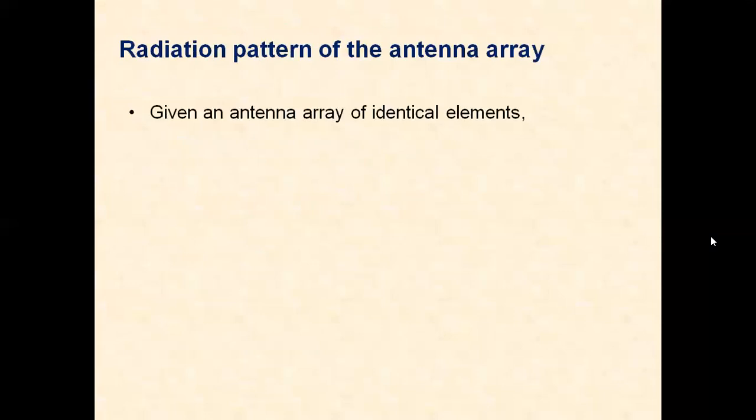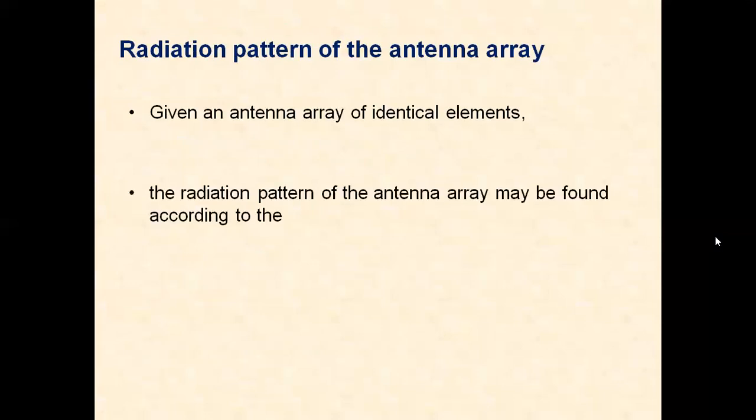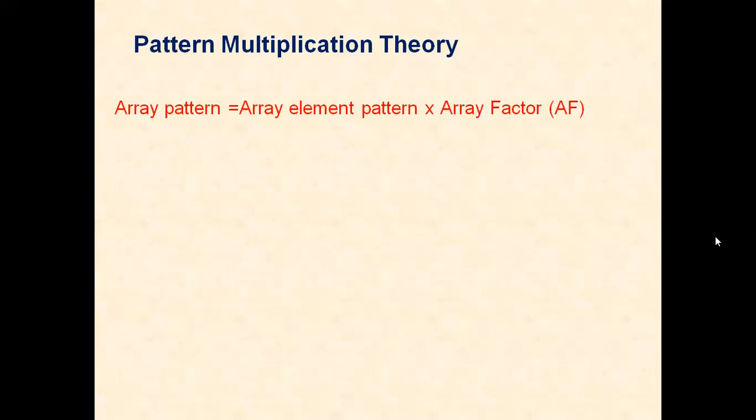Given an antenna array of identical elements, the radiation pattern of the antenna array may be found according to the pattern multiplication theorem. So what is the pattern multiplication theorem? The array pattern, which is due to the total system of antenna arrays, is the array element pattern multiplied by the array factor.